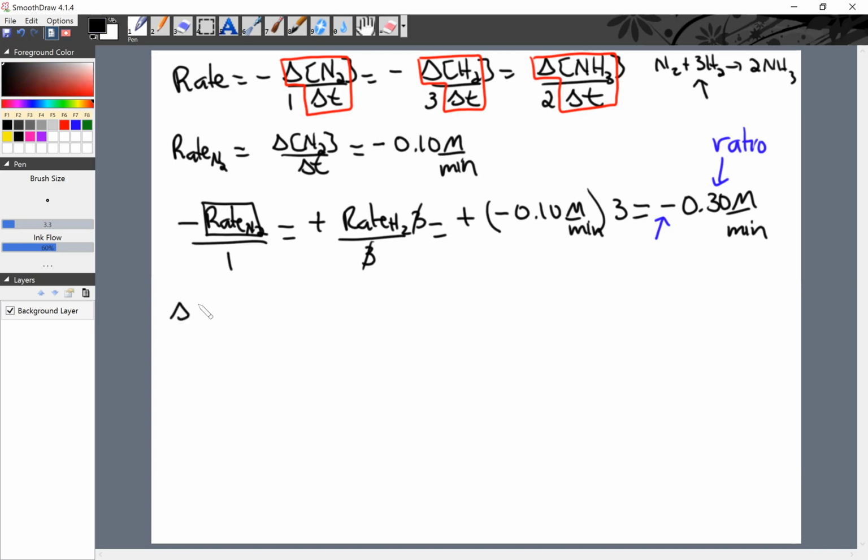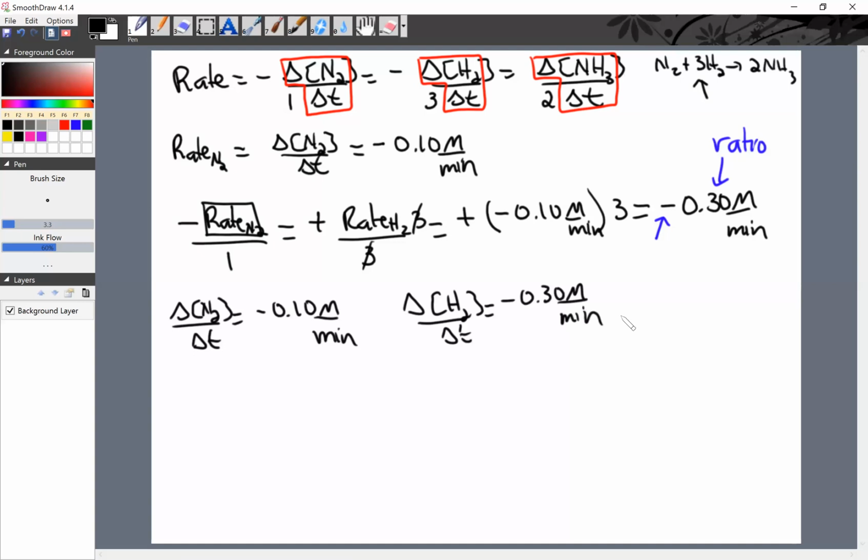So there is that one. The change in the nitrogen over time is equal to a negative 0.10 molarities per minute. We just found that the change in the hydrogen per time is a negative 0.30 molarities per minute. Now I'm going to find the last one using the hydrogen just so that you can see it works across the board. That really is an equal sign in the equation.